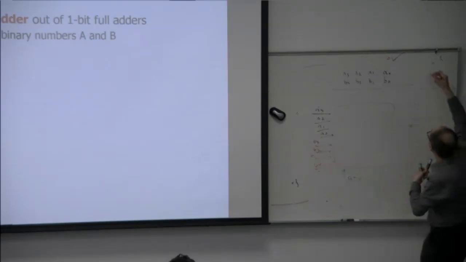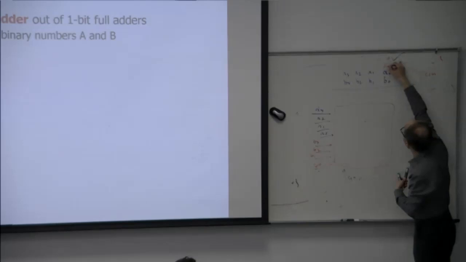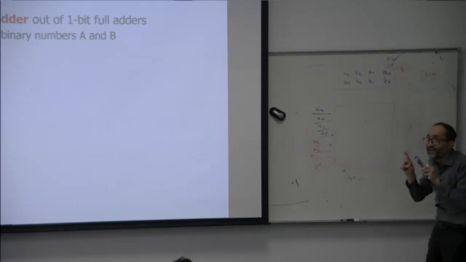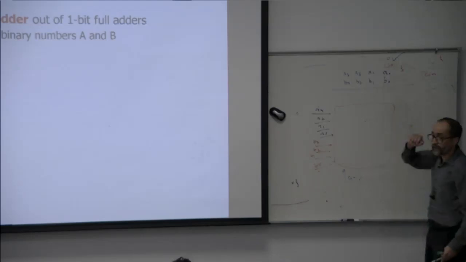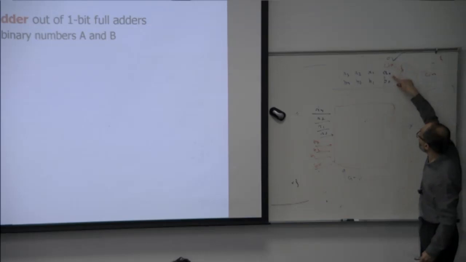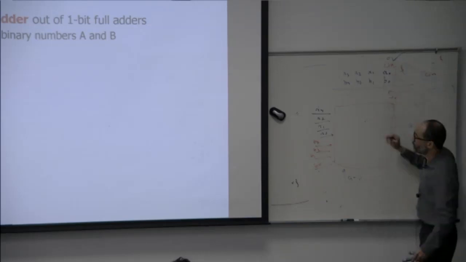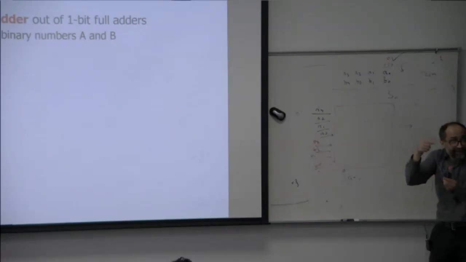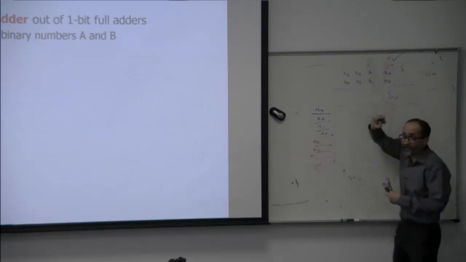And now we have C in from here. So we add C in, A0 plus B0. It's a 1-bit adder. Half adder or full adder? Full adder, because in a half adder we don't have C in. Now if we add A0 and B0 and C in, we get some S0. It will create a carry out, and this carry out will become what? Carry in for the next stage.